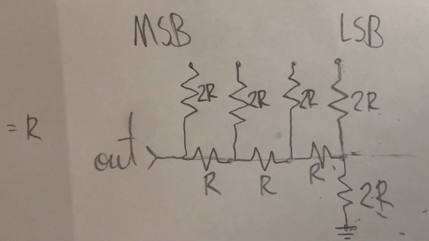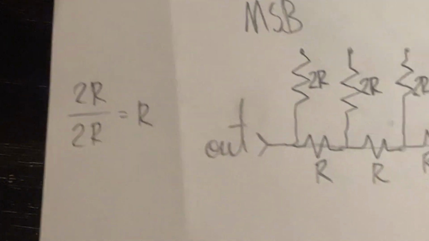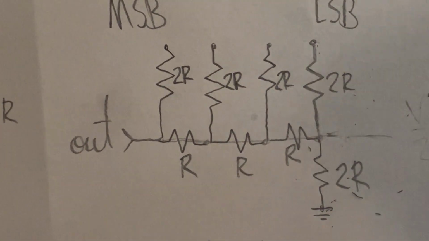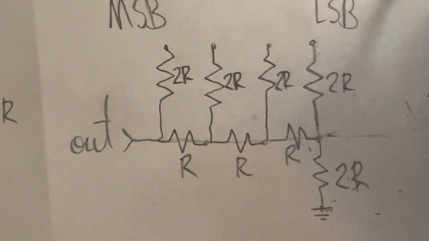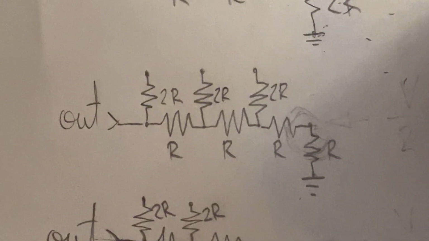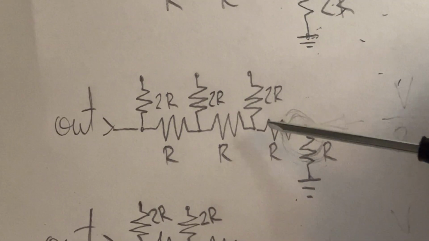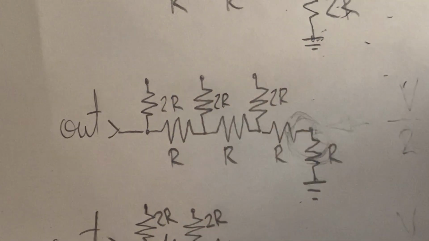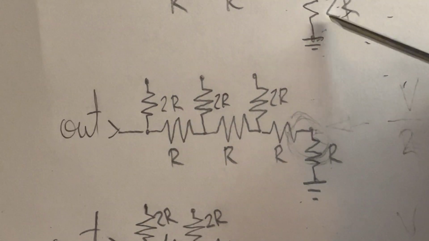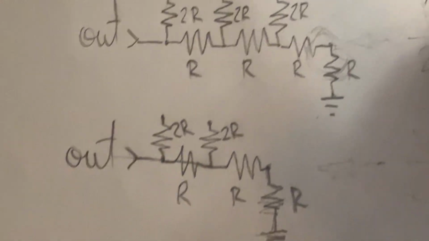And this is going to allow us to better calculate the circuit because we know that 2R over 2R is equal to R, which means that this 2R here and this 2R here can be canceled out and replaced with R. And 2 R resistors in series are just going to mean another 2R resistor, just like the one up here.